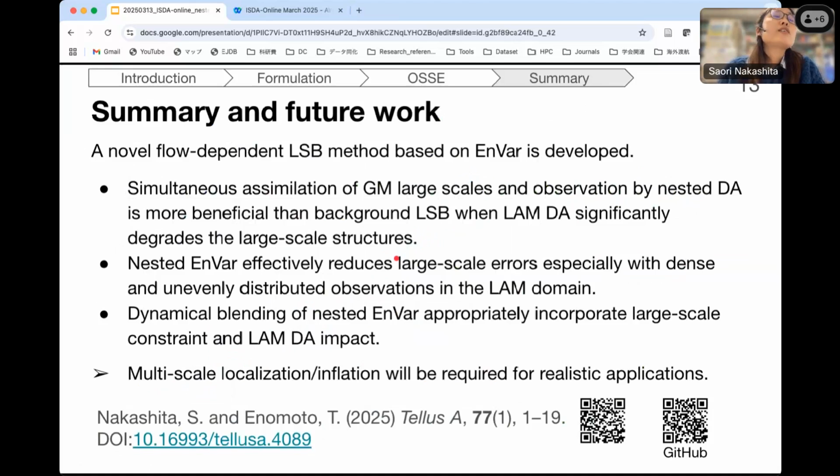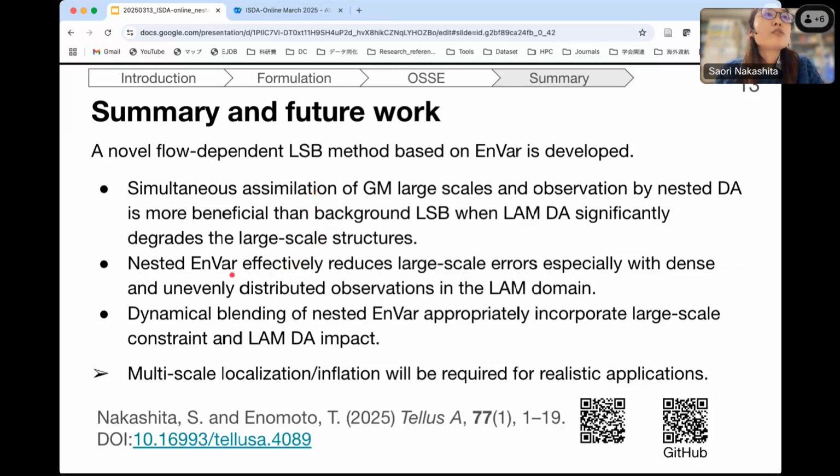In summary, we developed a new flow-dependent LSB method based on the ensemble variational framework. Our experiments show that the simultaneous assimilation of GM large scales with observations by nested DA is more beneficial than background LSB when LAM-DA is known to significantly degrade the large-scale structures, such as when using climatological error covariances or assimilating dense observations and so on.